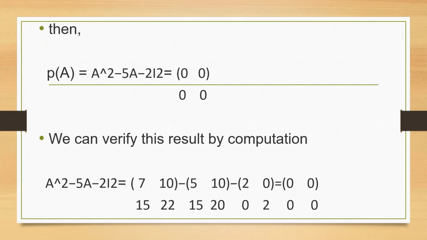So by verifying this result by computation, A square minus 5A minus 2 times the identity matrix of size 2 by 2 is equal to a square matrix which has 7 and 10 in the first row and 15 and 22 in the second row, minus another matrix which has 5 and 10 in the first row and 15 and 20 in the second row, minus another square matrix of size 2 by 2 which has 2 and 0 in the first row and 0 and 2 in the second row.